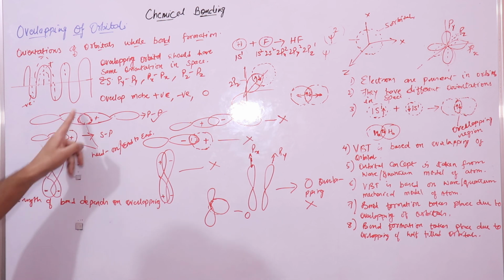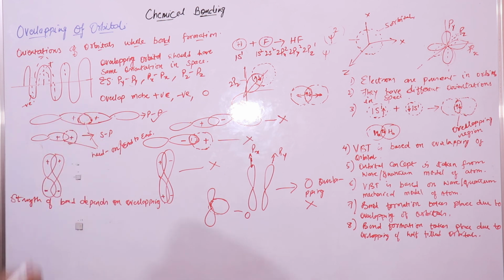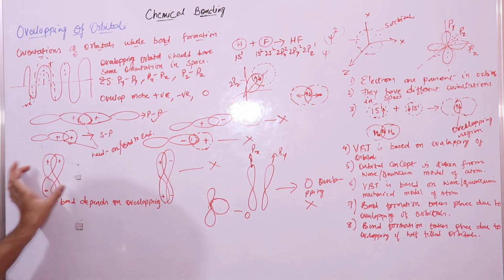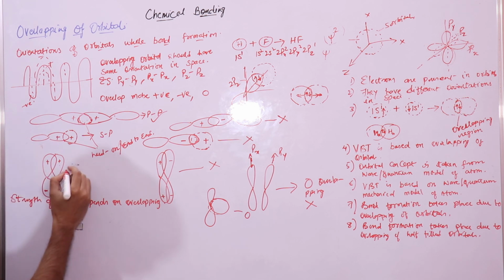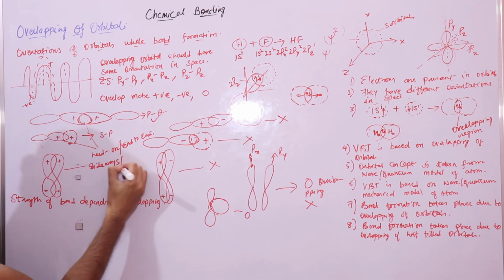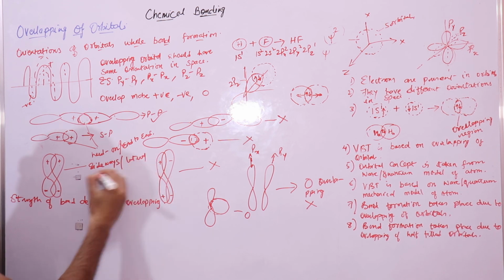And this will result in a stronger bond. And this type of overlapping, where you see similarly oriented px or py orbitals overlapping, this is your sideways or lateral overlapping.